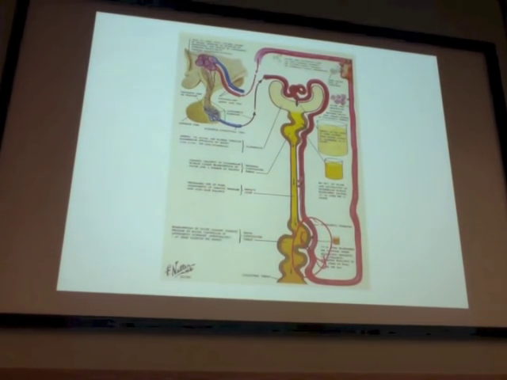But if you have no ADH, you would produce about 18 liters of urine a day. Okay, that's called diabetes insipidus. So if you have a defect in the production of antidiuretic hormone, no ADH, you end up with polyuria. Basically, you're producing tons and tons of urine.